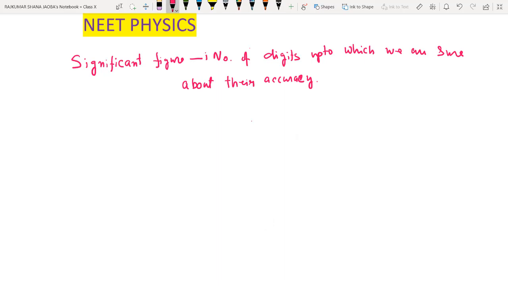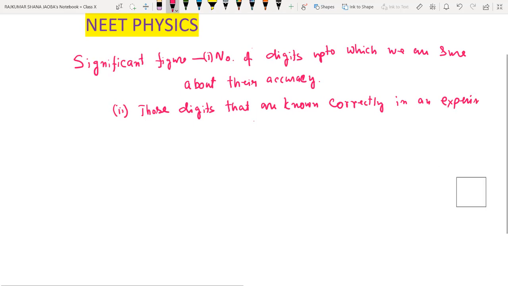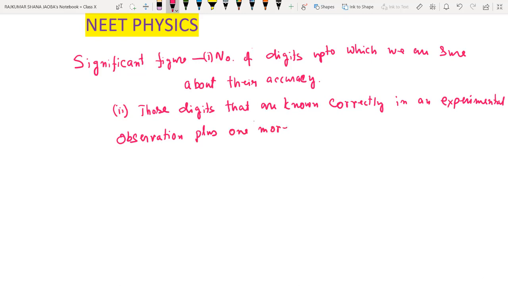So, those digits that are known correctly in an experimental observation, plus one more digit that is uncertain.